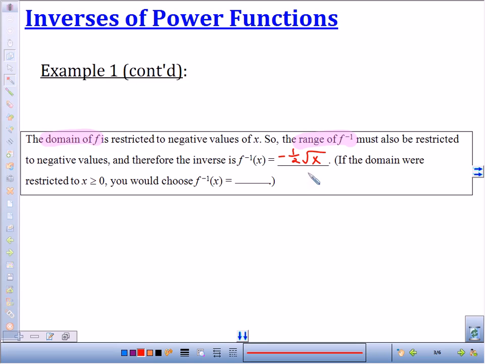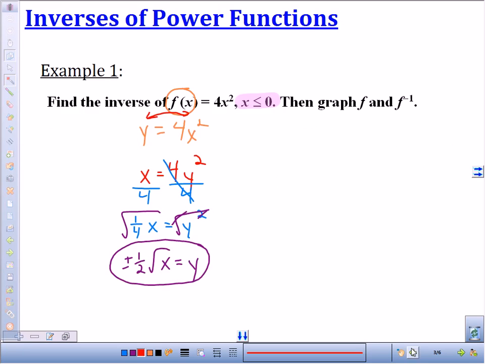So the plus or minus became minus. If the domain were restricted to the positive numbers, x is bigger than 0, then you would choose the inverse of f of x is positive 1/2 square root of x. So we chose either positive or negative based on this restriction of the domain.